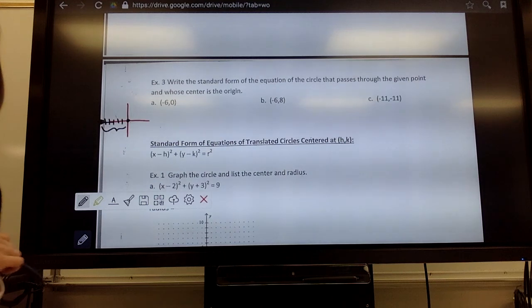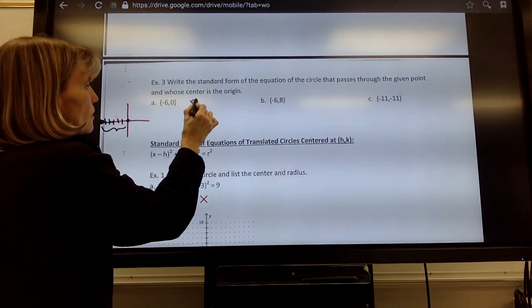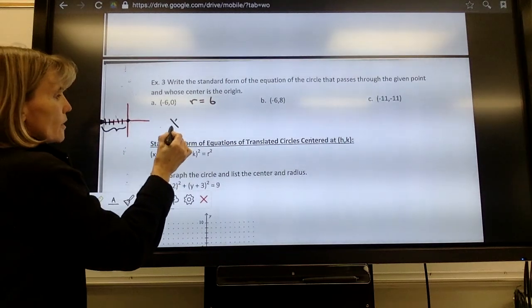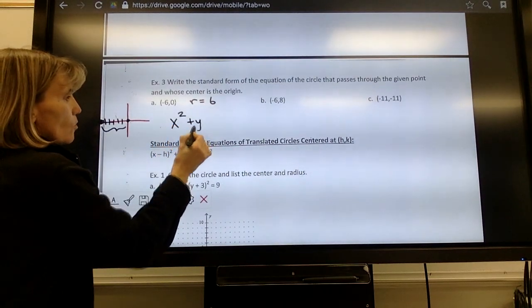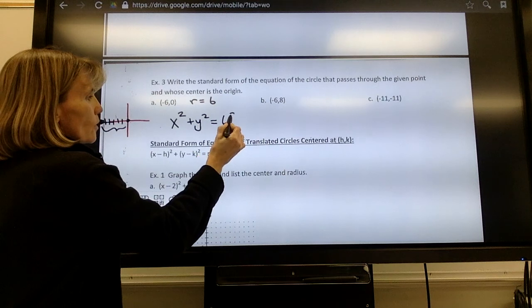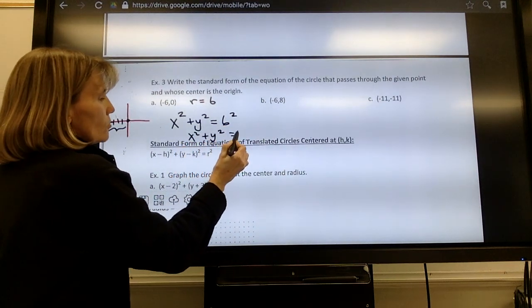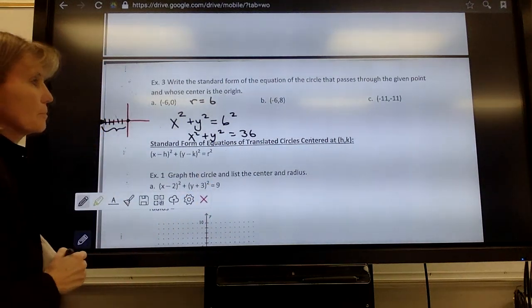What is that radius? Well, that tells me that the radius is equal to 6. So when I go to write my equation, I can say x squared plus y squared equals 6 squared, or x squared plus y squared equals 36.